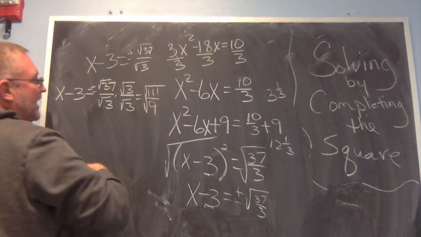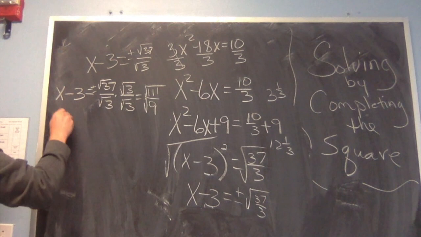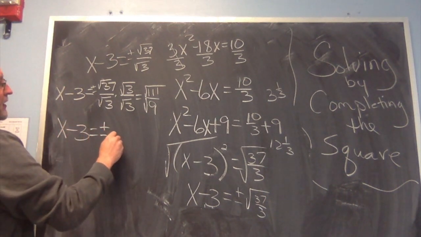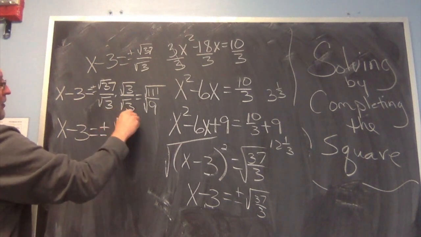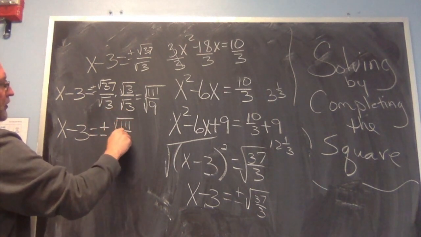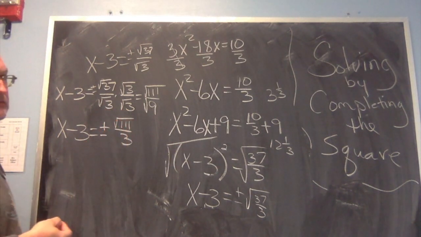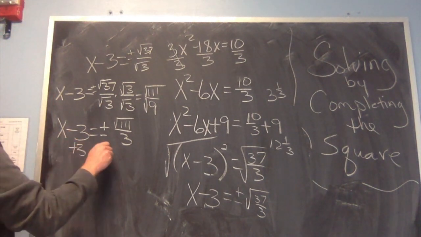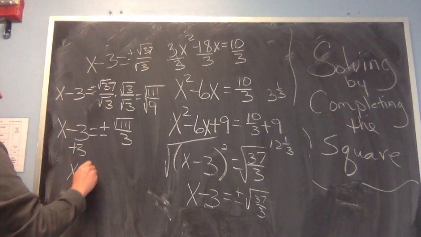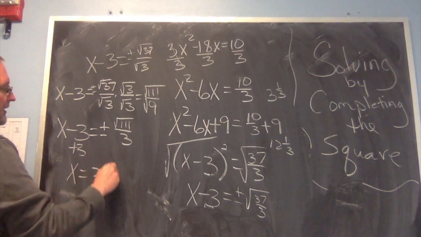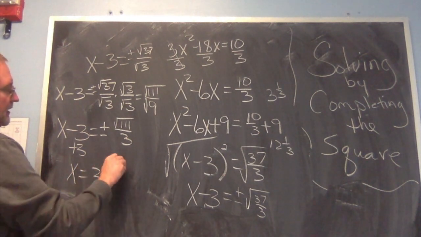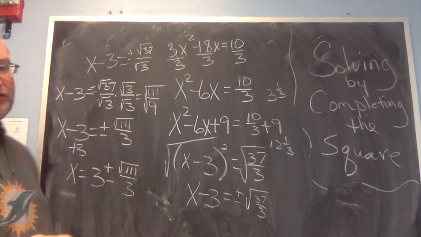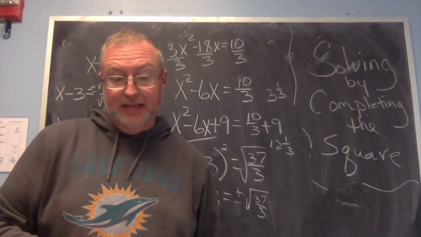The square root of 9 is 3. So now I have x minus 3 equals positive negative square root of 111 over 3. All right, then I'm going to add 3, so x equals 3 plus minus the square root of 111 over 3 as my final answer.